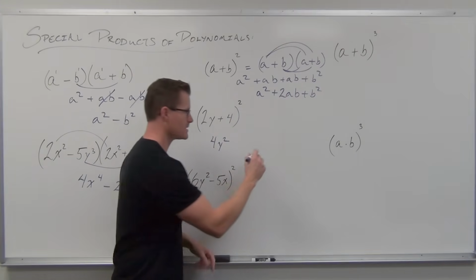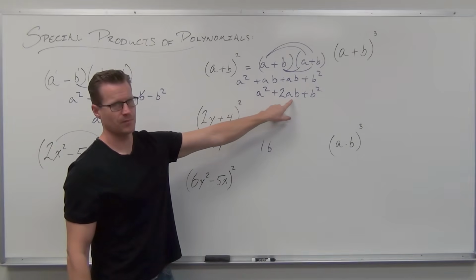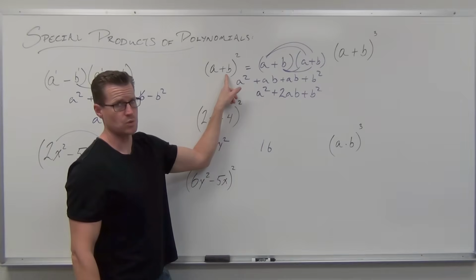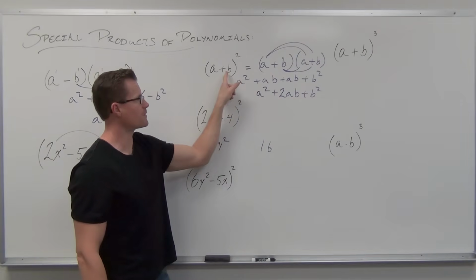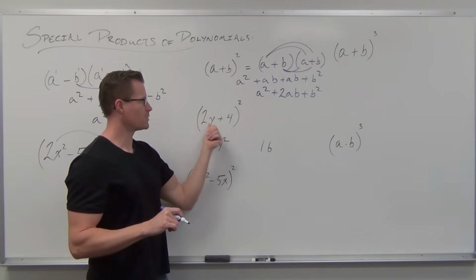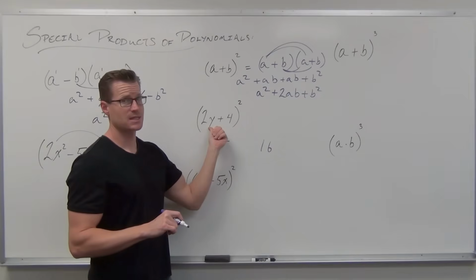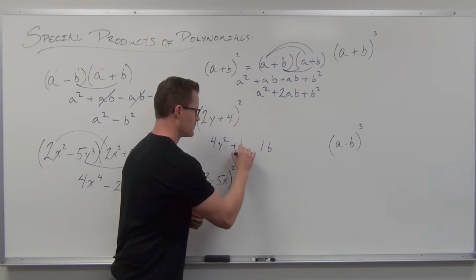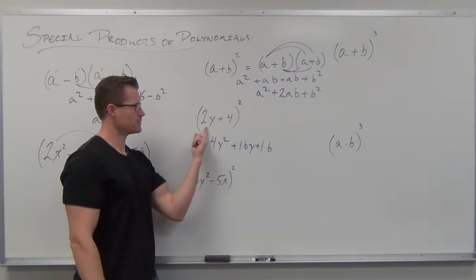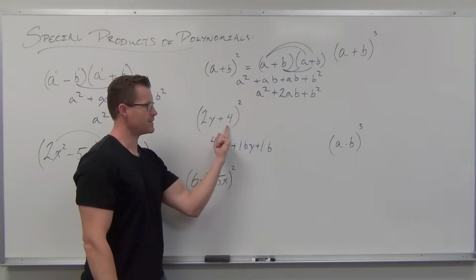That's going to give us 16. In the middle, multiply these two terms together and then multiply by 2. So if I multiply these two together, I get 8y, and then if I multiply them by 2, I get 16y. So this 4y squared, multiply them and multiply by 2, 16y, and then this squared.